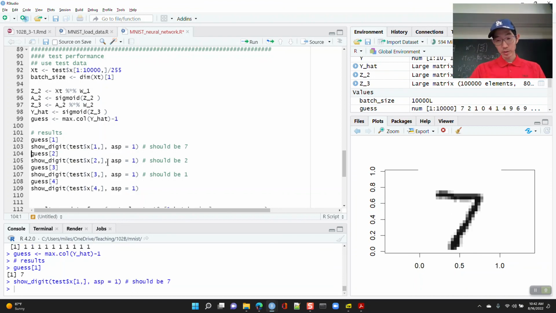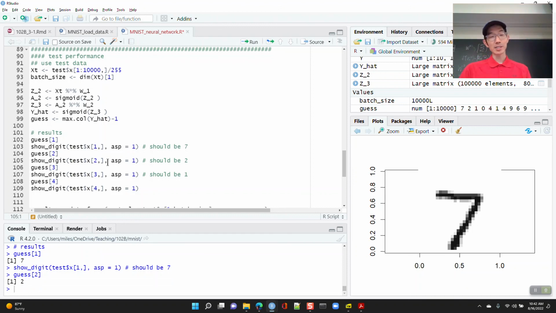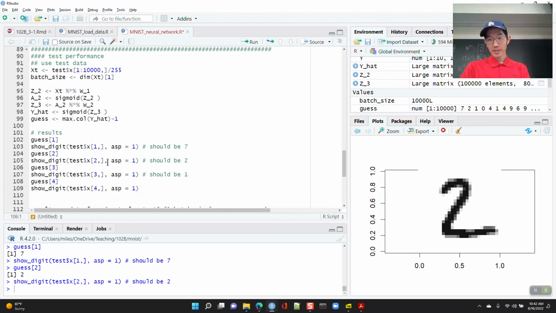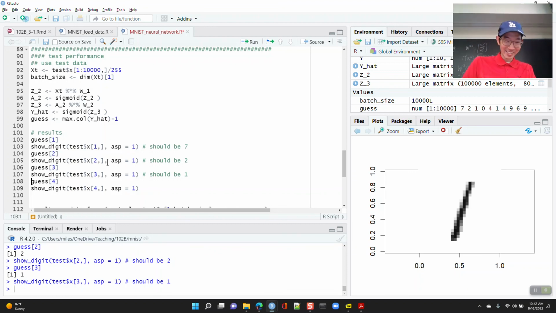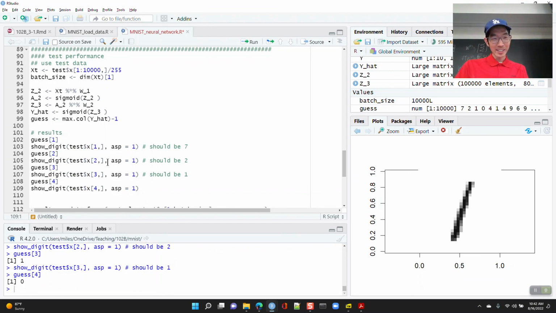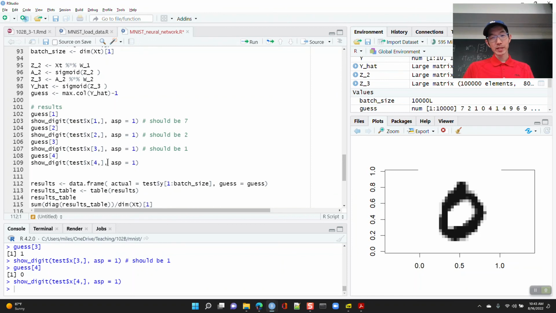And what does the digit look like? Yep, sure looks like a 7 to me. Okay, so that's it. It's guessing, right? All right. What about the next digit? Okay, the next digit, it's guessing a 2, and yep, the digit looks like a 2. The next guess, it's guessing a 1. There you go. It looks like a 1. Okay, it's guessing a 0, and that's the answer here.